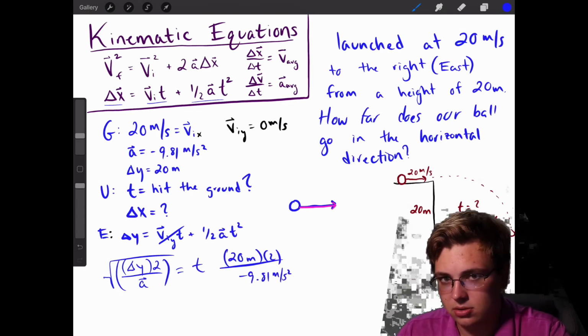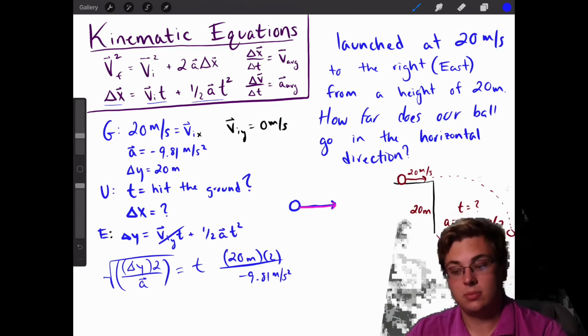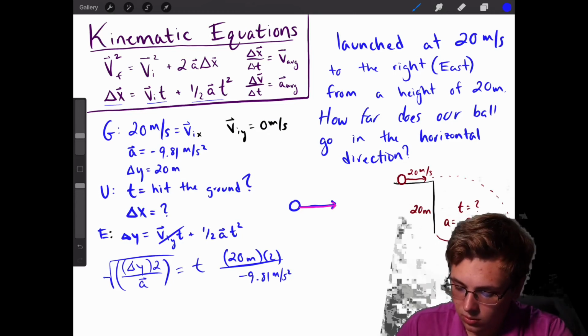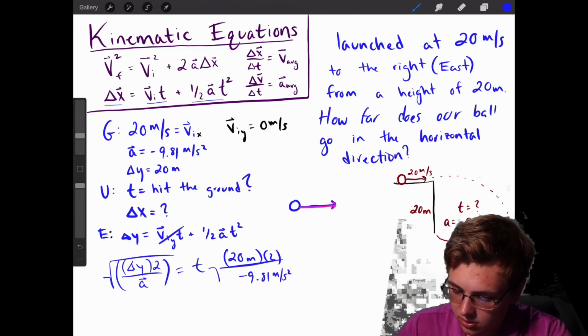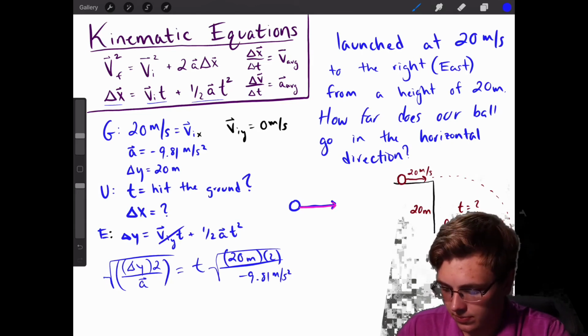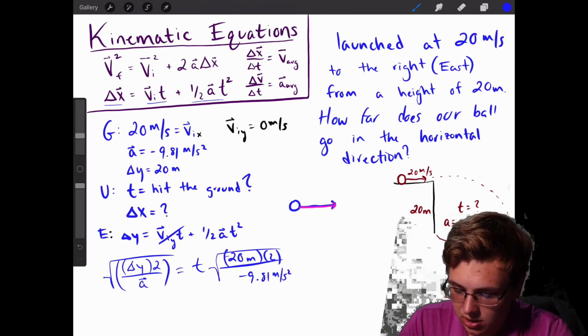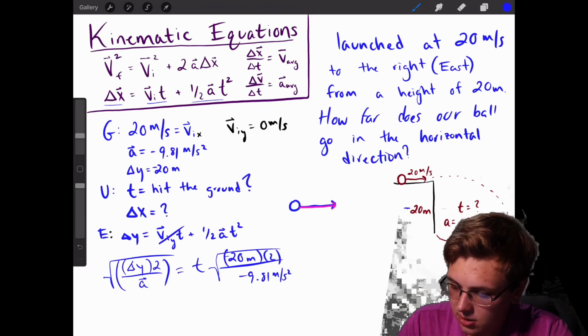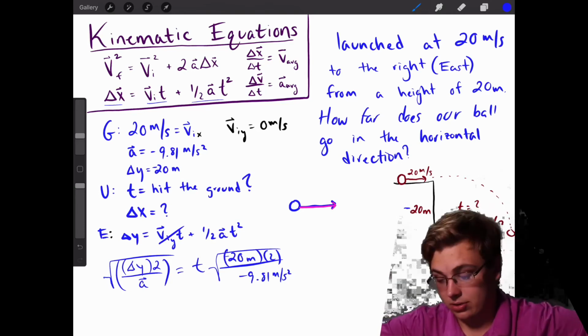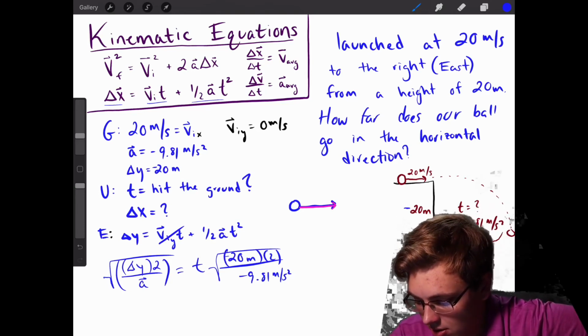By the way, time would be square rooted. This would be a negative under the square root. I actually need to put a negative 20 there, so I need to come back up here. These are all negative 20 because it's downward 20. So that equals our time.